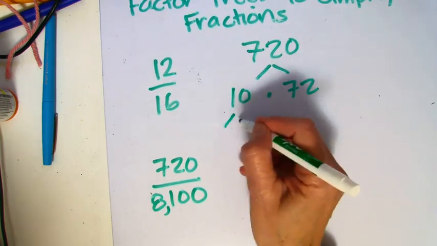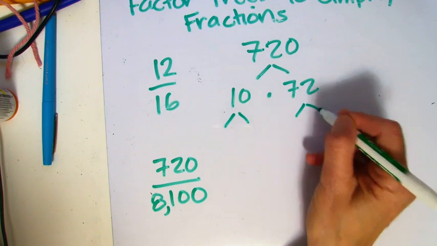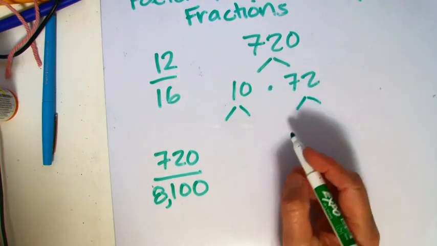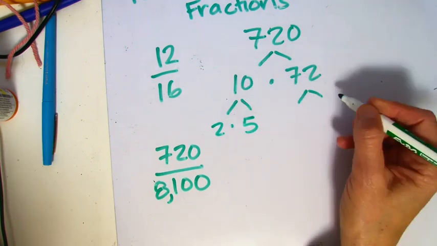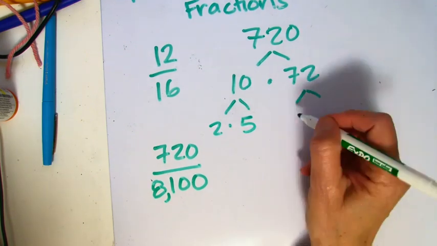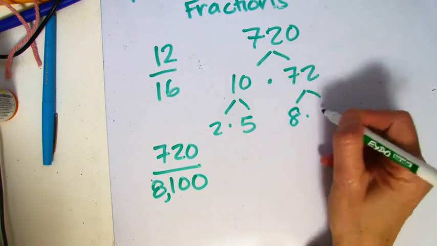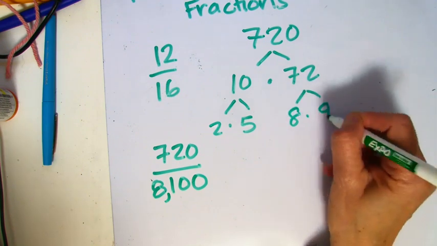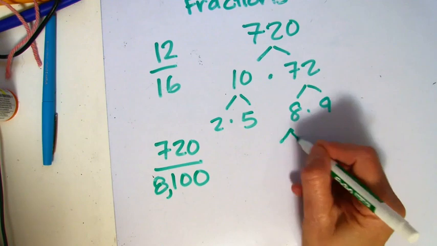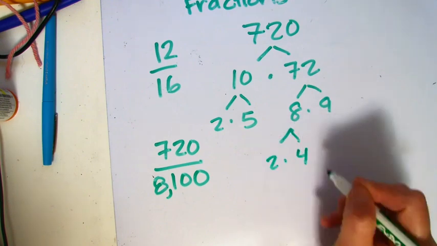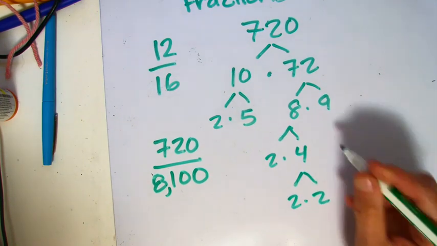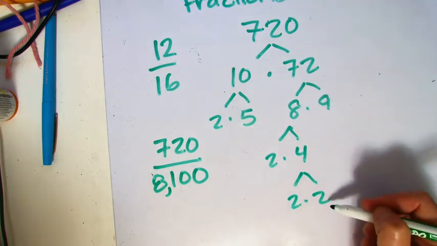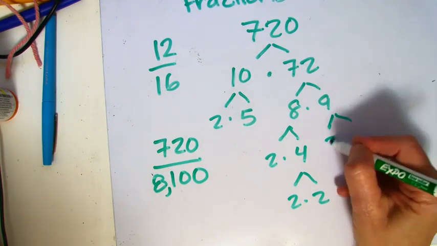I need to break up both 10 and the 72 because neither one is a prime number. And I could go 8 times 9, or you could find other factors that go in there. This becomes 2 times 4 and 2 times 2. Notice that I keep breaking it up until I get a prime number, and I stop when I get a prime number.